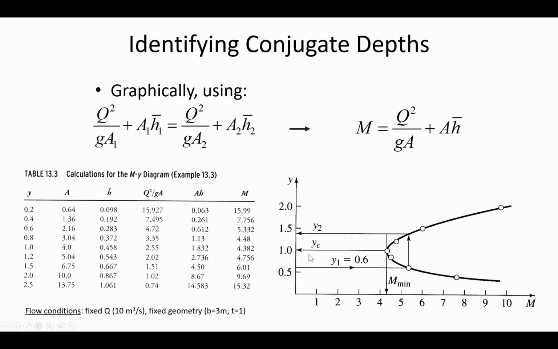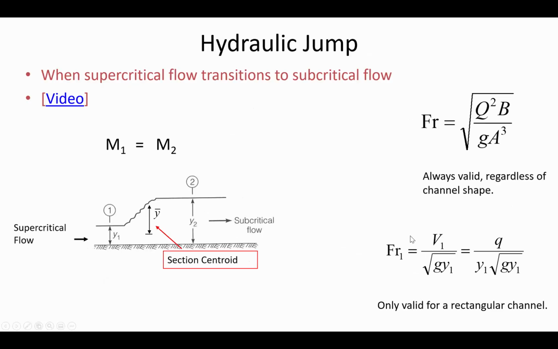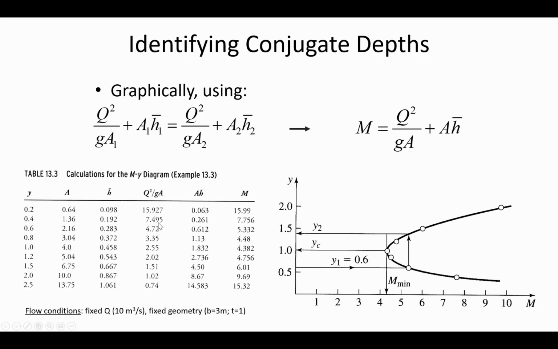The y1 and y2, the difference between the upstream and the downstream depth, is how high the hydraulic jump is. So there's a delta z between them, the change in elevation between upstream and downstream. The change in elevation is the gap between the two legs of that momentum depth diagram.